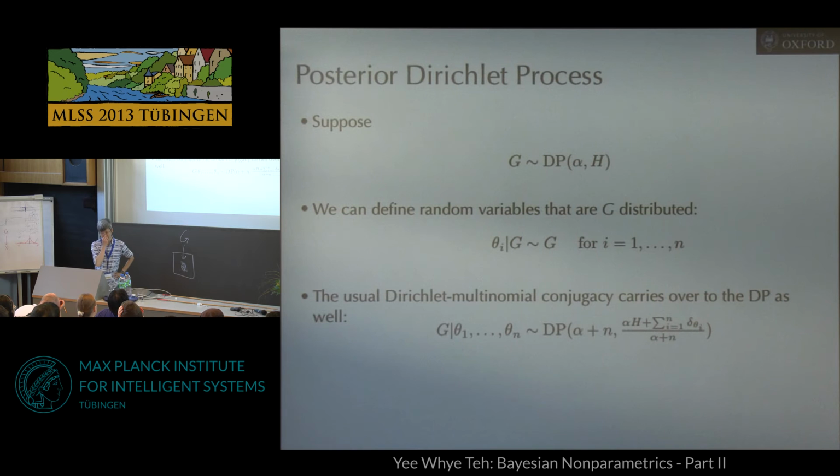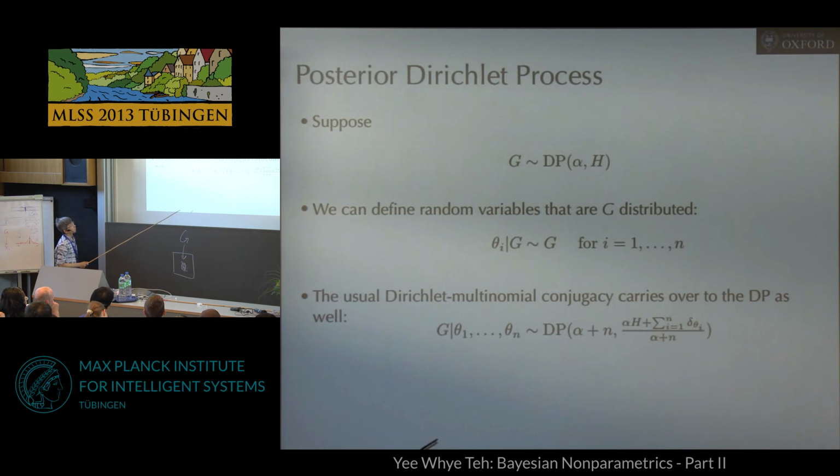You can also look at what the posterior looks like. The reason Ferguson chose a Dirichlet for his marginal distribution over the partitions is that it's computationally tractable. We have a random probability measure G that's Dirichlet process distributed, and we can define a sequence of random variables θ1 to θn that are IID draws from G, which is what de Finetti's theorem gives us from the CRP.